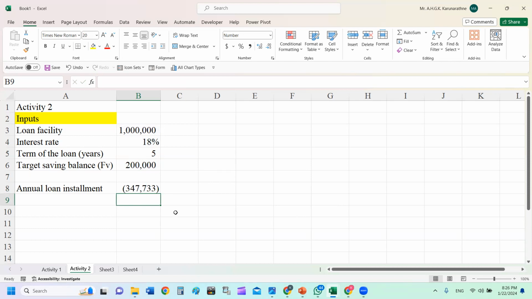If you want to make a comparison, check the same scenario we prepared, a little think about the intuition, same scenario. We computed the annual installment except for this future saving. Without future saving, the installment should be lower than this.